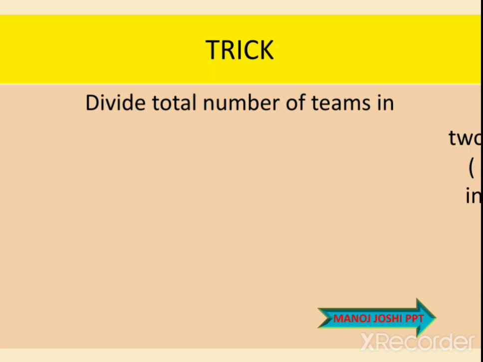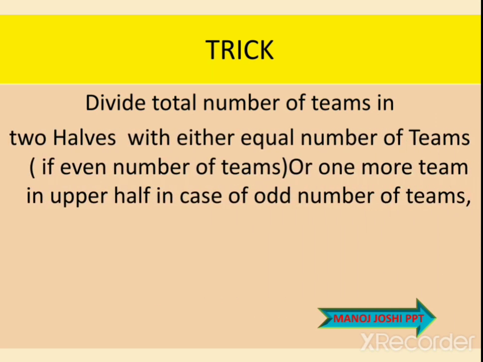Now I am telling you some tricks on how to make the fixture. So first of all, divide the total number of teams into 2 halves. Clear? Divide the total number of teams into 2 halves with equal numbers of teams. If there is an even number of teams, then there will be an equal number of teams in the lower half and upper half.